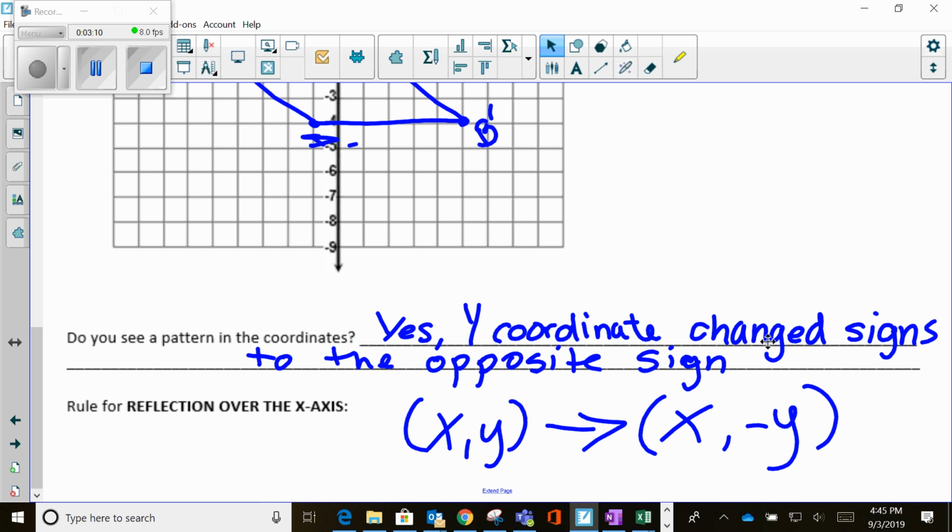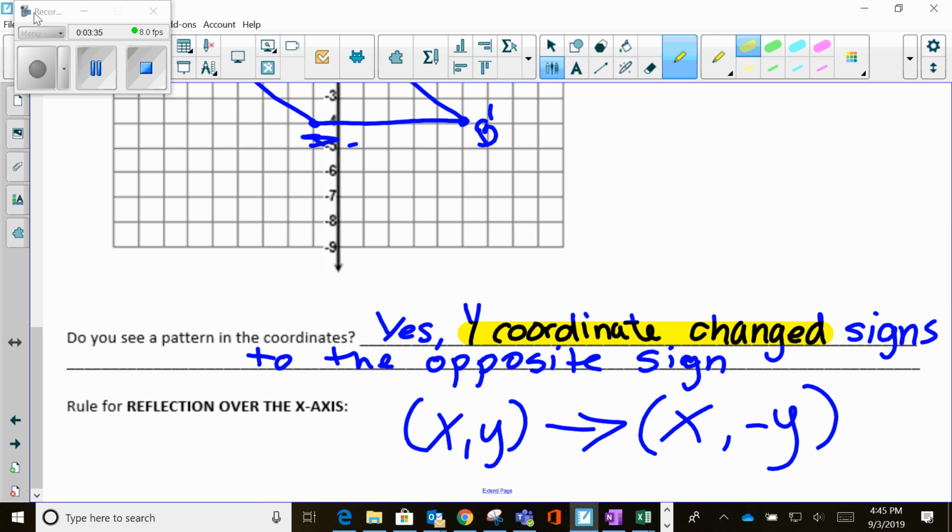The y-coordinate changes signs to the opposite sign. And we're going to write the rule as (x, y), that's our original point, goes to the image point (x, -y). Noticing that the y-coordinate changes. That's the important part here, that the y-coordinate changed.